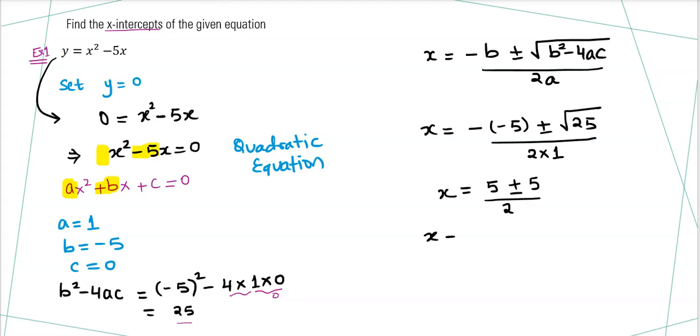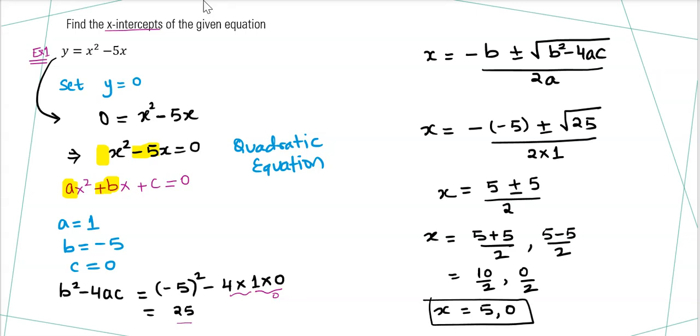This gives us two different values: 5 plus 5 over 2 and 5 minus 5 over 2. That gives 10 over 2 and 0 over 2. So we get the values of x as 5 and 0.